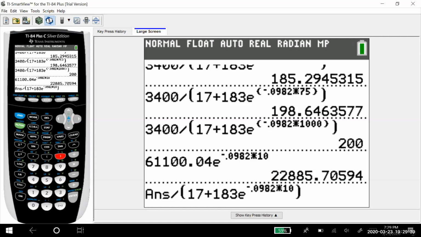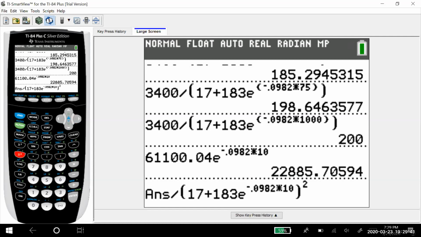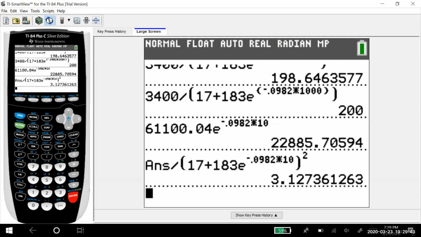Close parentheses. We need to square the whole thing. And so I hit enter and I get about 3.13. Let's round that to just 3.1.